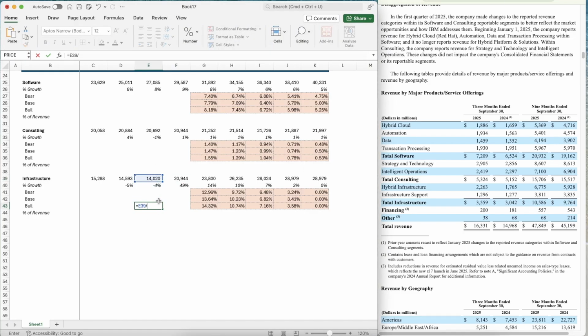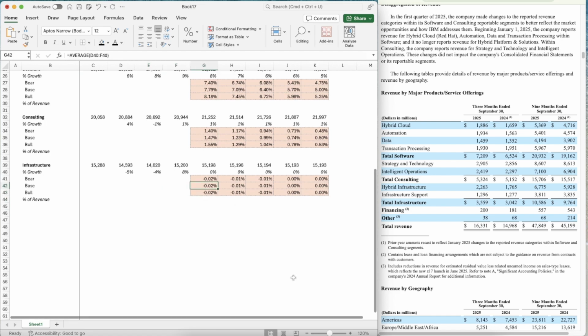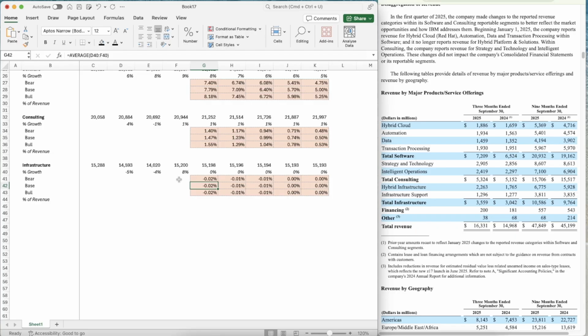Infrastructure, previous year, divided by 9,764, 1.435. Let's go 10,586 multiplied by 1.43588693. Okay, well, I mean, it grew at 8% last year.